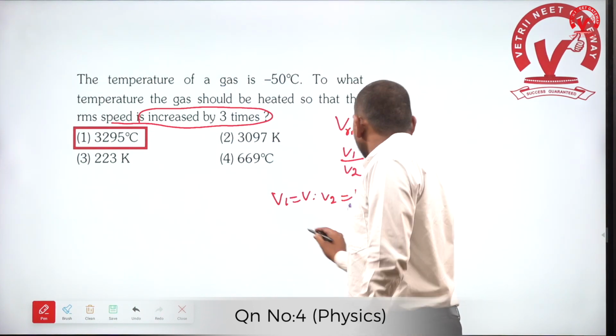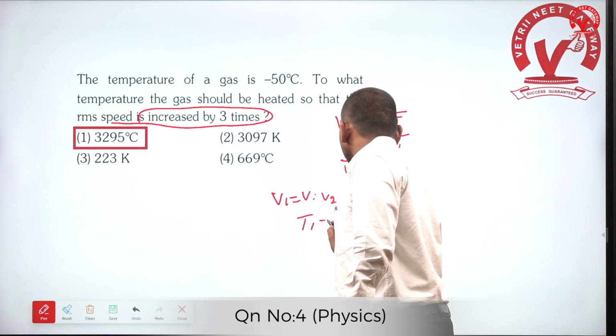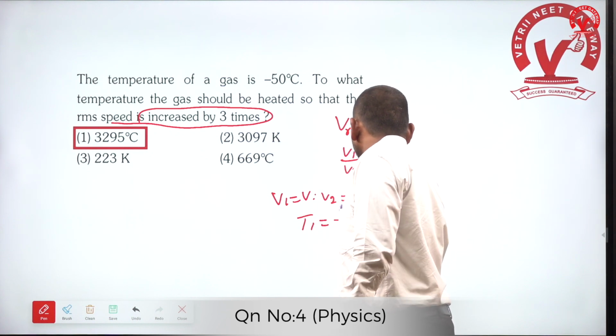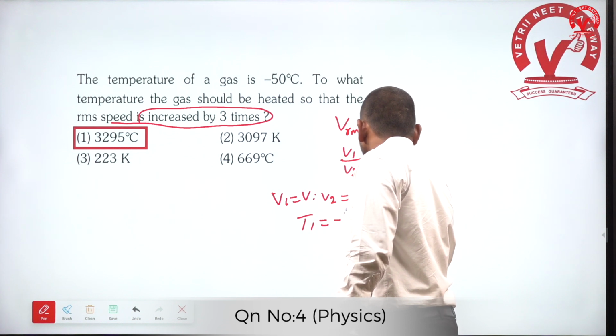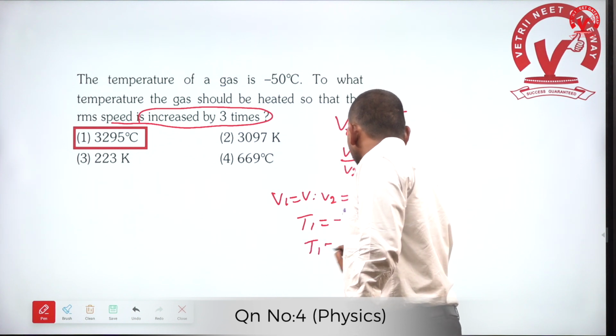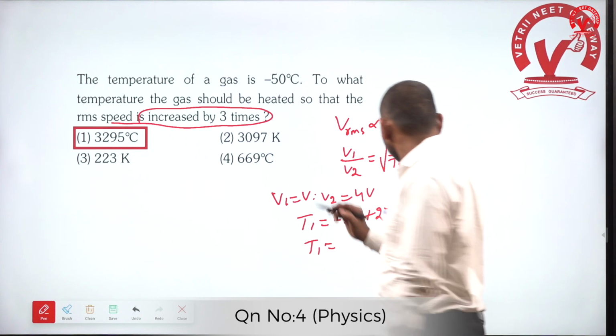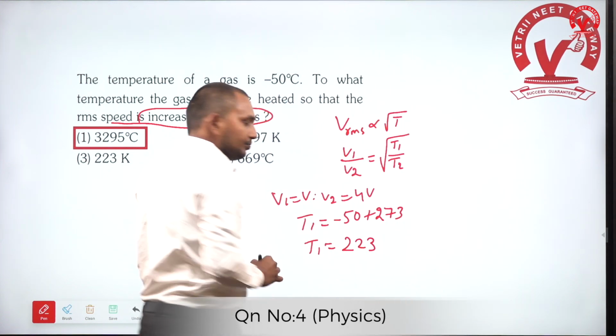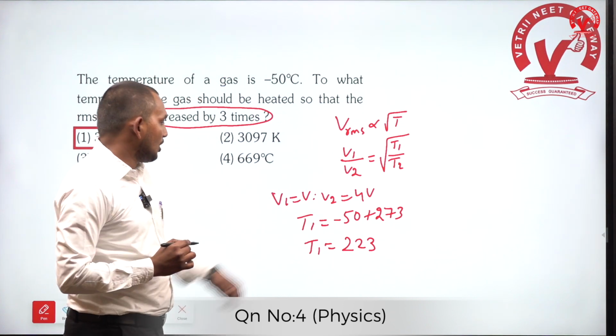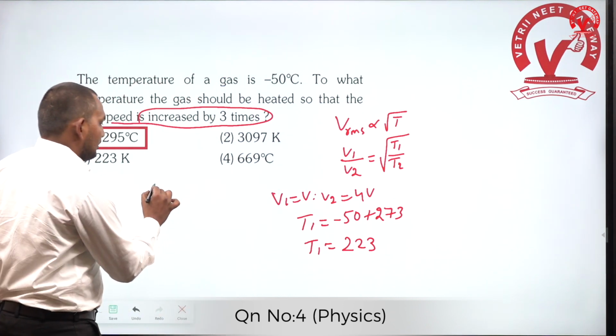Here temperature T1 is equal to minus 50 plus 273. Then T1 is equal to 223. You can substitute all values here.